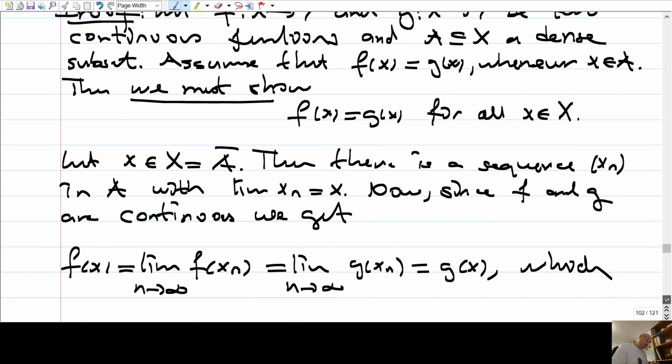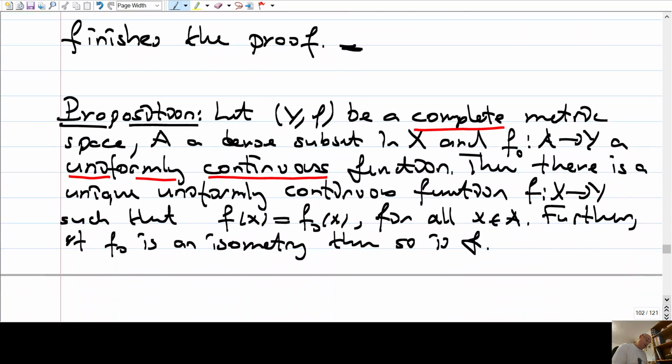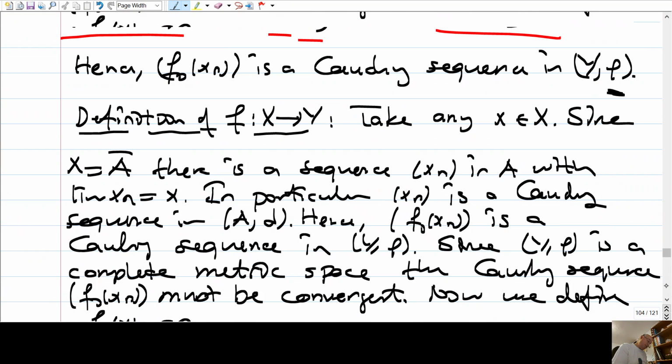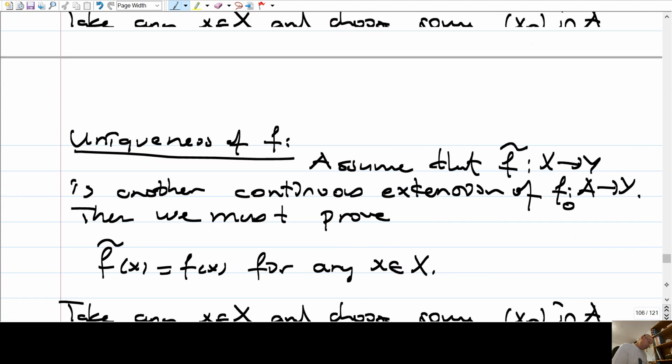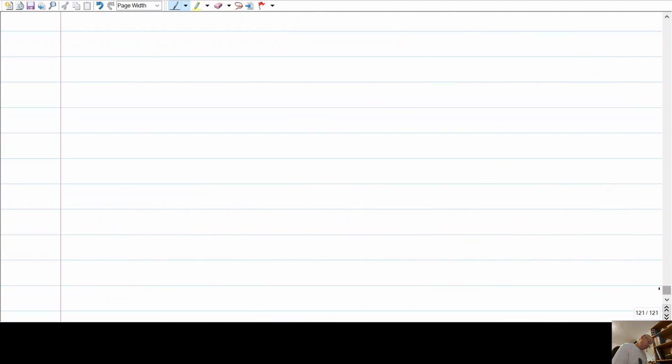Yeah, and then we had this one. So I am using the above result, actually the simpler one.